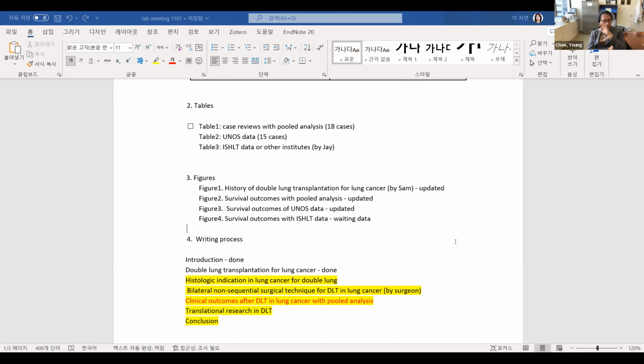Everything else could be classified as A, B, C. A is all combined, B is by CPS, but you need RFS, OS, and cancer-specific. So it's 2 by 3 graphs. Okay, so I'll make 6 figures for figure 1.